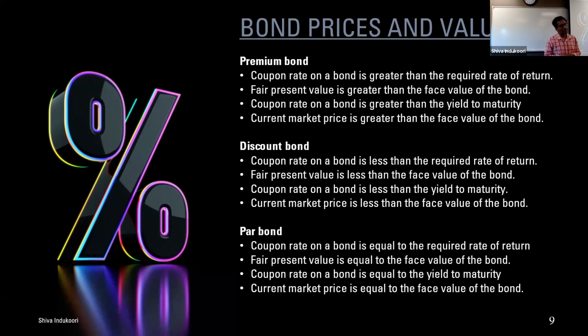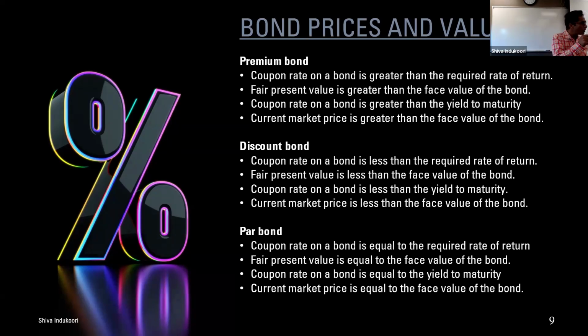A bond is getting traded for $950 today, and the time left is, say, 4 years. You discount all the semi-annual coupons for 4 years as well as the maturity value after 4 years to today. That itself is the price.